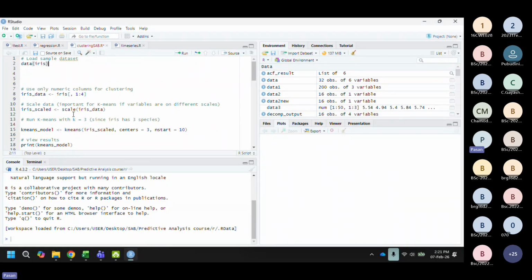Of course, to run the k-means clustering, I'm using the k-means command here, which will allow us to obtain the k-means clustering.